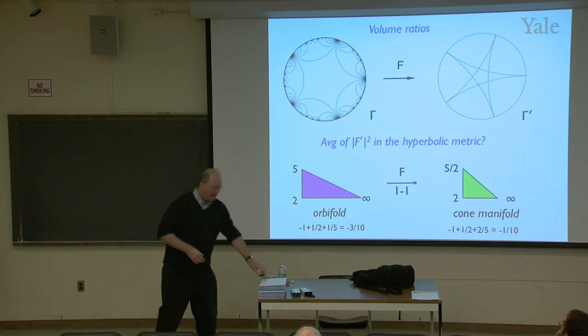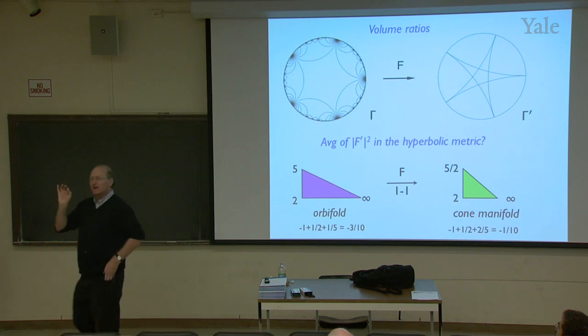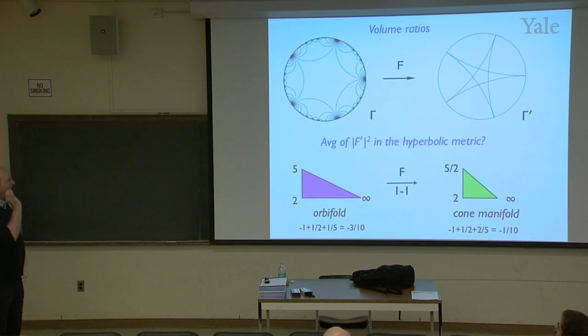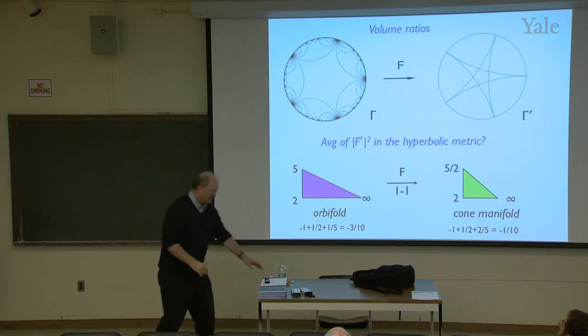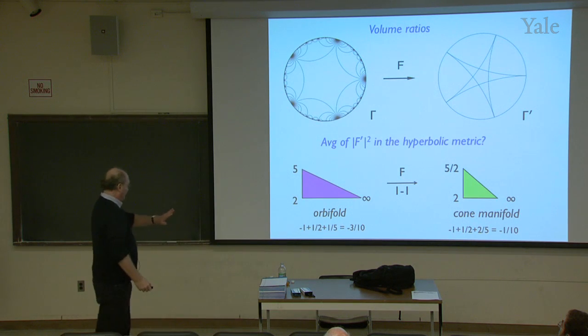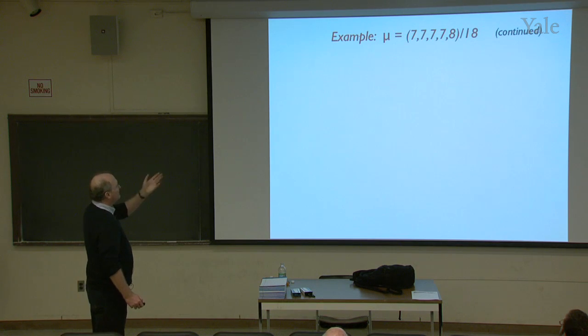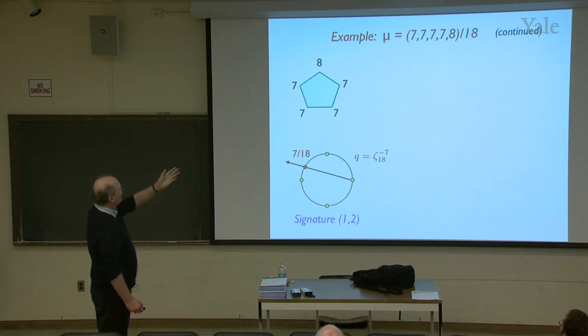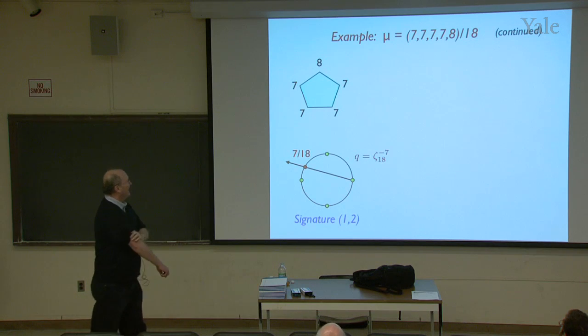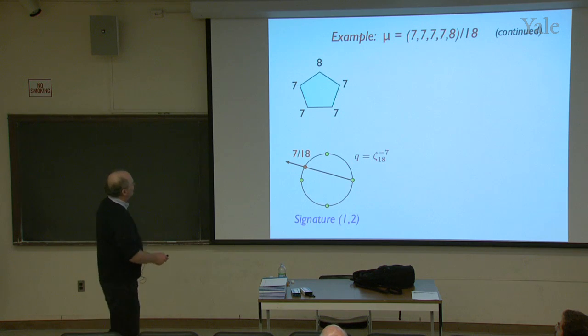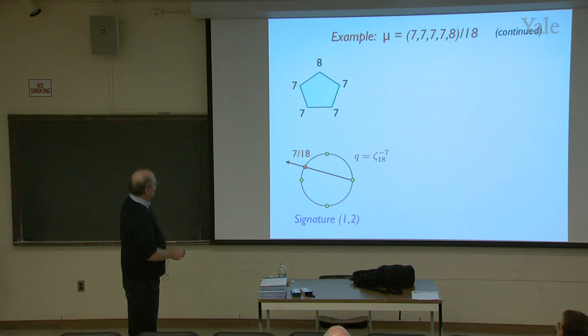Capes and Muller's observation is that this number, 1/3, is an invariant of the commensurability class of the group gamma. And so that observation can be applied, for example, to our 7778 moduli space. So what would happen if we were to change our choice of the 18th root of unity?